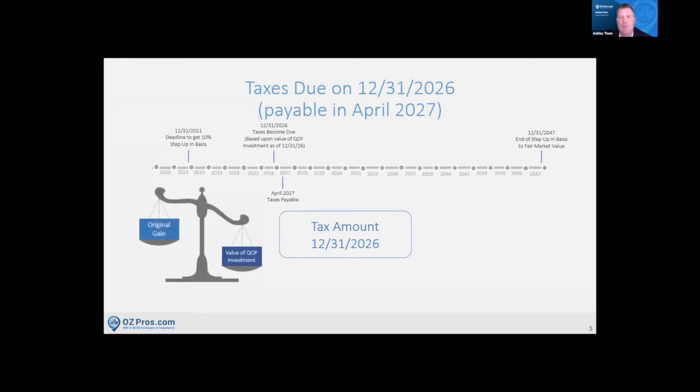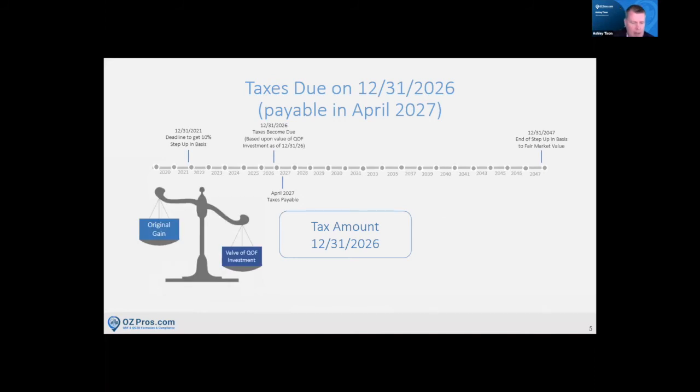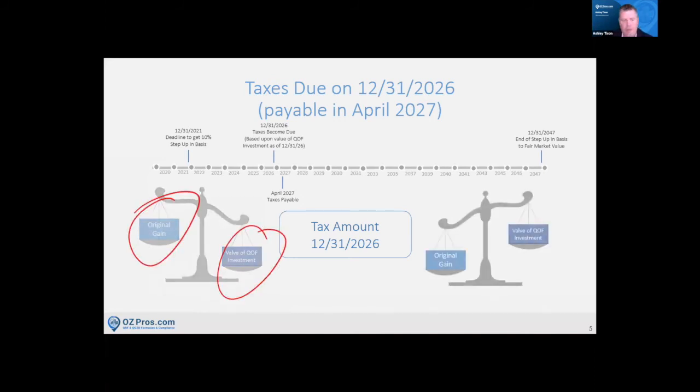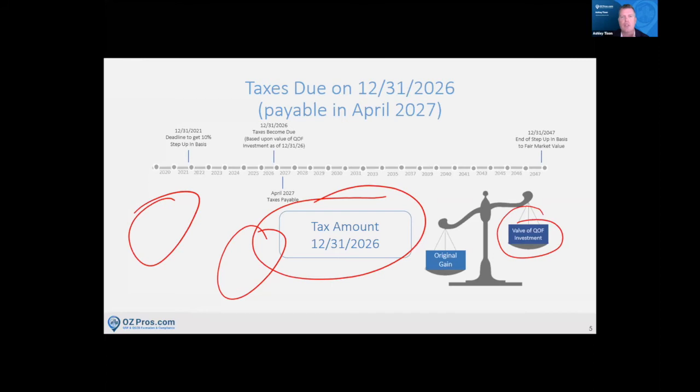But here's the point of this slide. When you go to pay the taxes that become due on December 31st of 2026, you're going to pay either on your original gain or the value of your QOF investment, whichever is less. So if your QOF investment went down, you're going to pay taxes on the value of that QOF investment as of December 31st, 2026. For stuff that has a significant amount of depreciation, that's going to drop the value, and you're going to pay taxes on that new amount as opposed to what your original gain was.